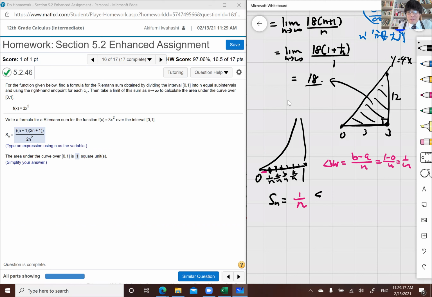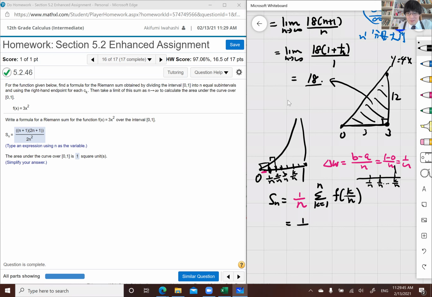Now for the height, you want to add n rectangles, and each height is going to be f of k over n. The first one is the height at 1 over n, the second one is the height at 2 over n, and the k-th one is the height at k over n, and so on.